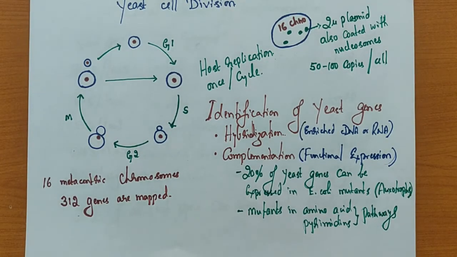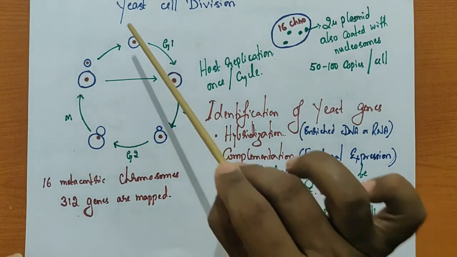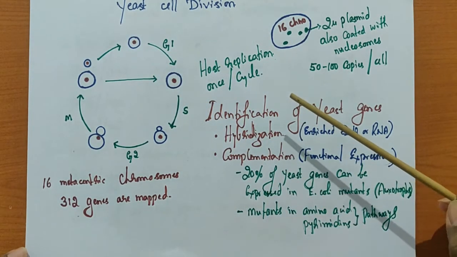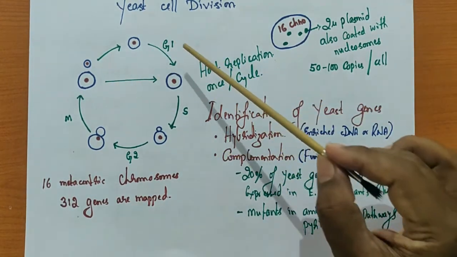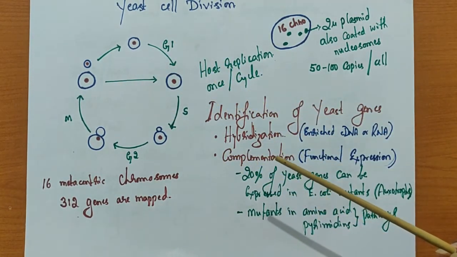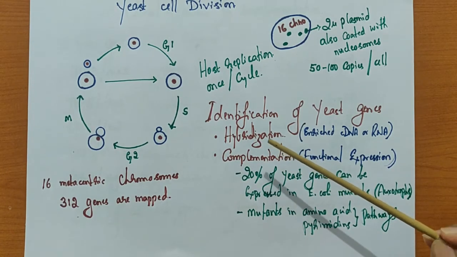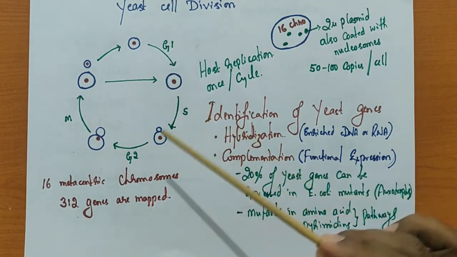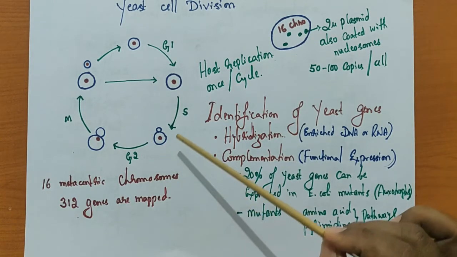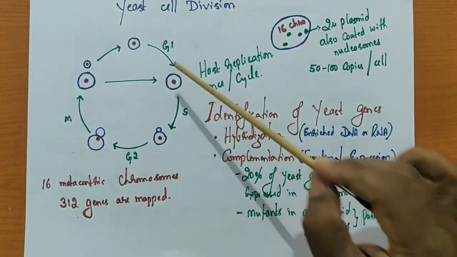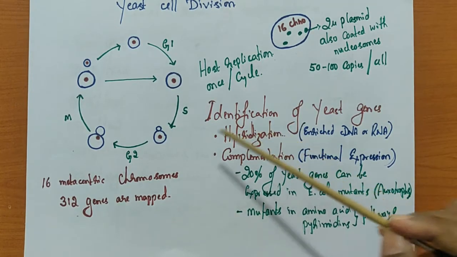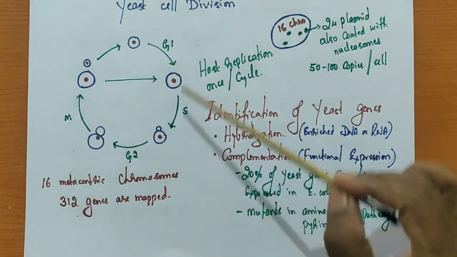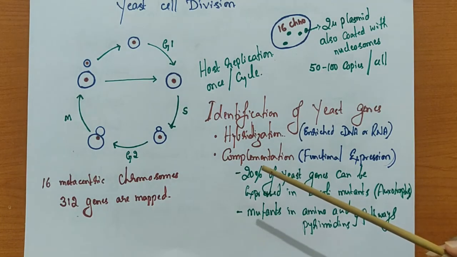Now, before we get into the vector, we will try to understand the cell division in yeast. In yeast, cell division is either by fission or by budding. The very well discussed vectors are all in Saccharomyces cerevisiae, in which cell division is by the process of budding.